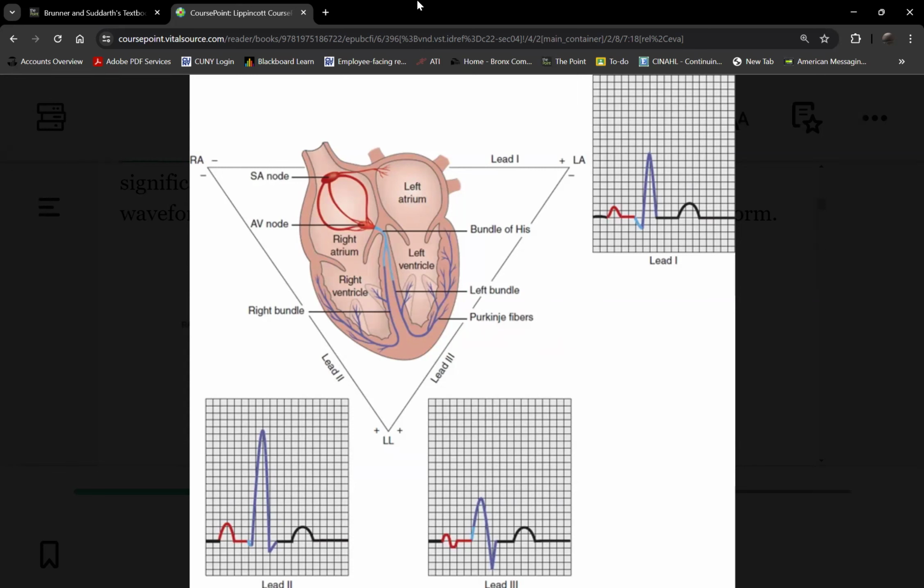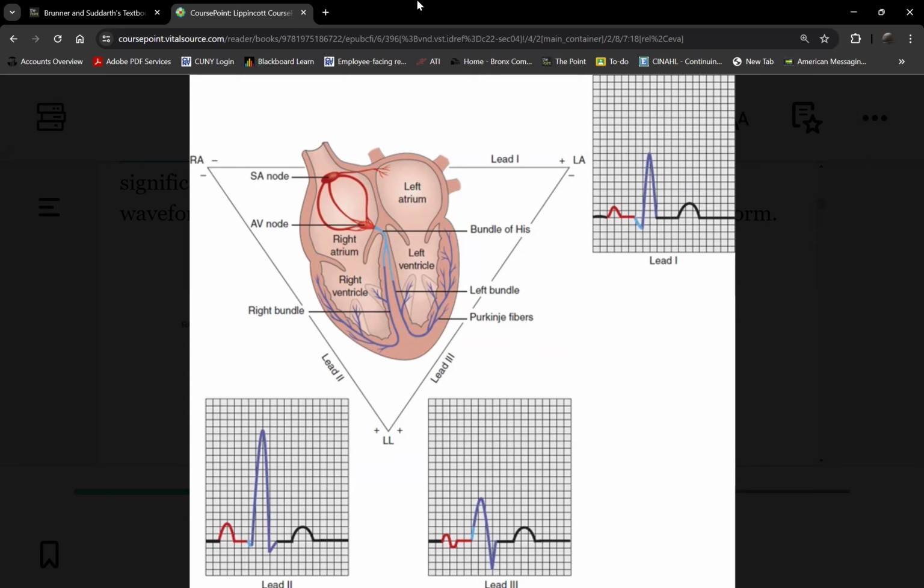Both atria contract and therefore push blood into the ventricles, correct? The right atrium pushes blood to the right ventricle, and the left atrium pushes blood into the left ventricle. That's what happens.